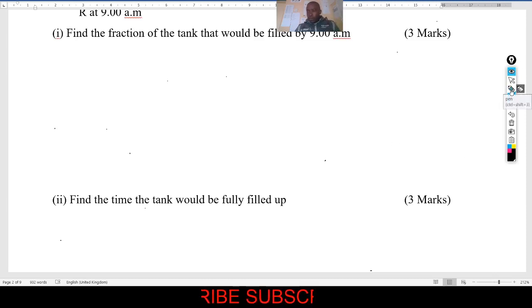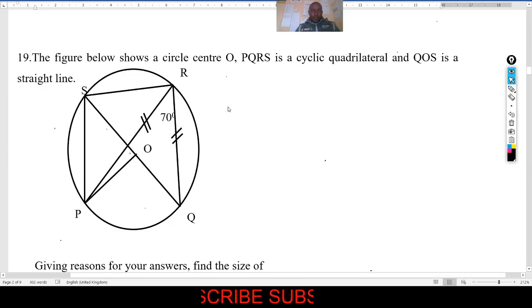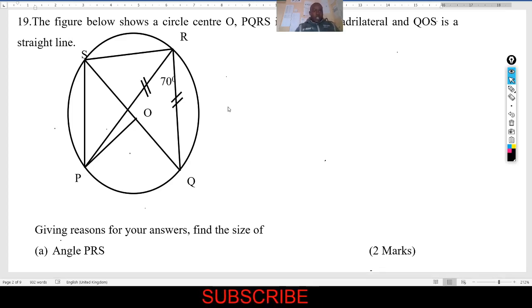Now we move to the next question. This is a question on circles, that is properties of a circle. It is from a Form 2 topic. You use it together with the Form 3 topic on circles and chords. This is a question that might probably appear.